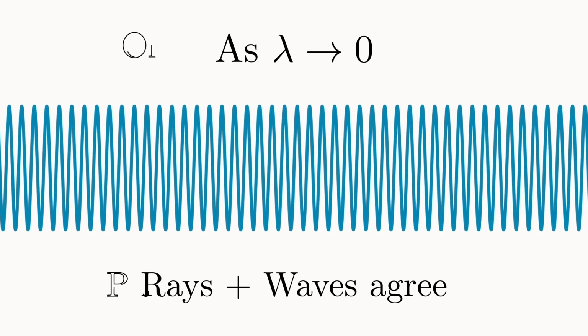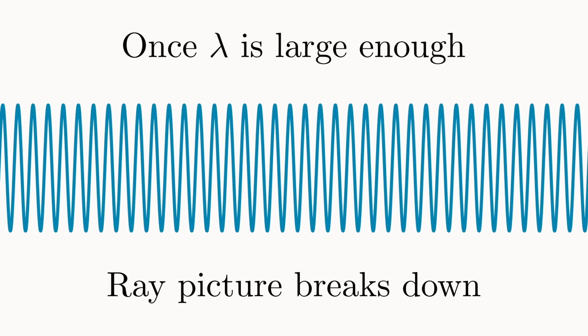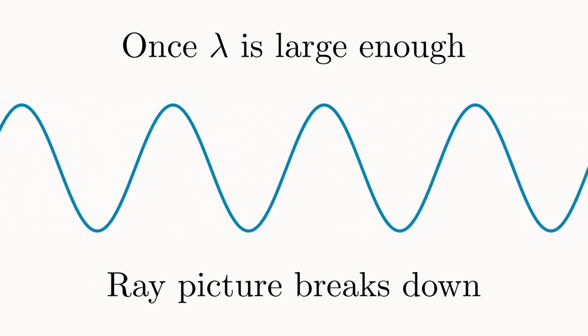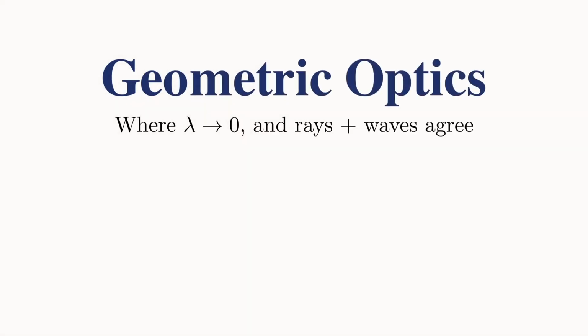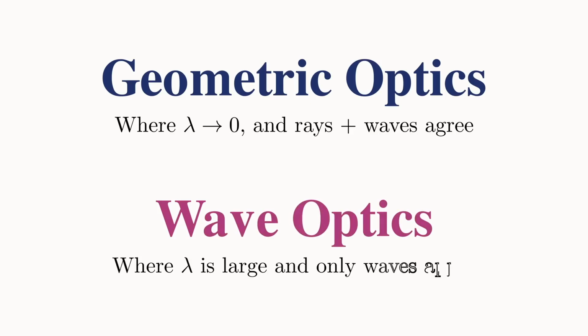As soon as the wavelengths become comparable to the path length, the ray description entirely breaks down. Certain features that rays cannot possibly explain begin to occur, and only the wave picture remains. The regime where both the wave picture and ray picture agree is called geometric optics, and the much broader regime is referred to as wave optics or physical optics.